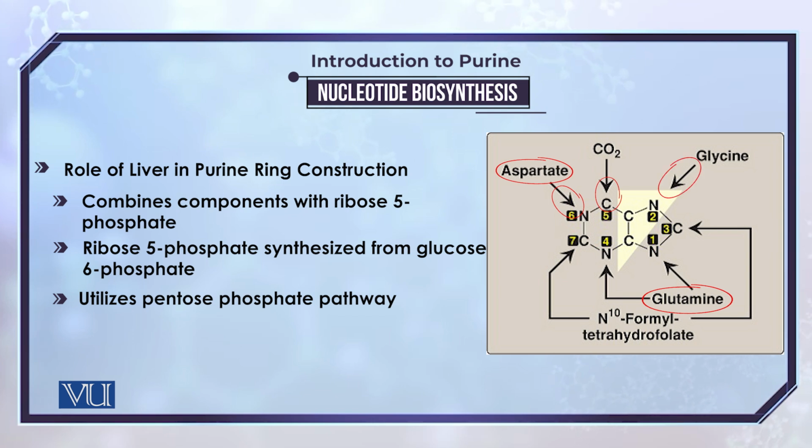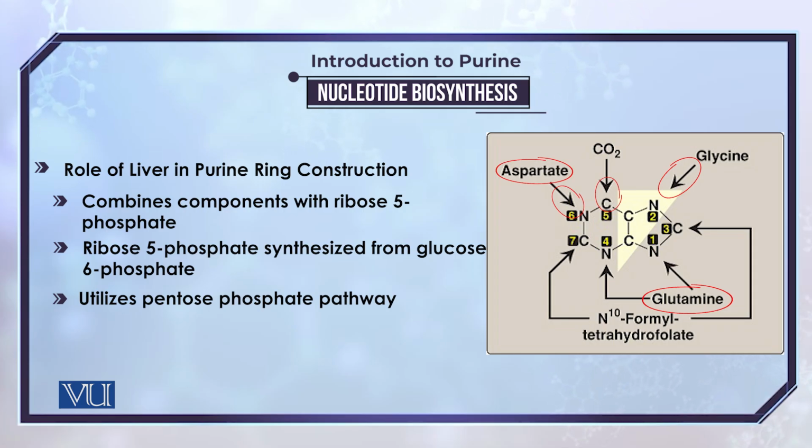As we have been saying again and again, the metabolism of one type of macromolecule interacts with the metabolism of other types of molecules, and here you can see how amino acid metabolism is involved in the formation of nucleic acids.